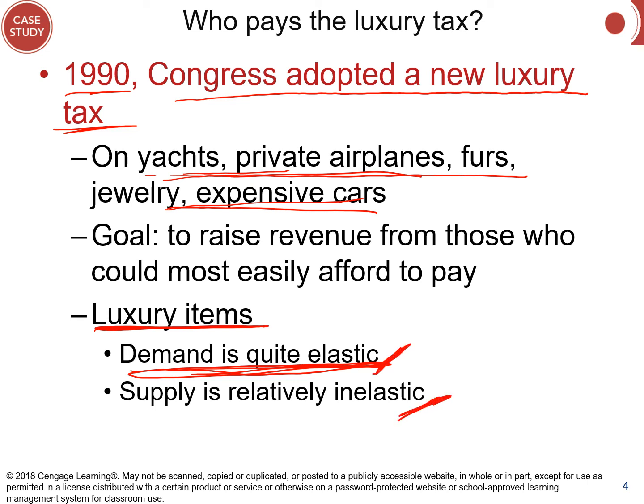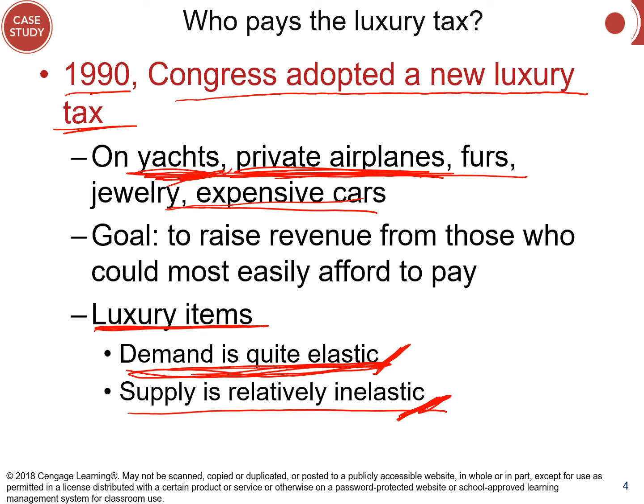Supply is going to be relatively inelastic, because if I'm producing yachts, I cannot freely leave the market and start producing, I don't know, pizzas or something like that. It's going to be hard for me to do that. Or if I'm producing private planes, I cannot rearrange my facility really quickly and produce some kind of item that you're not taxing right now. So therefore, demand is going to be relatively elastic, supply is going to be relatively inelastic.